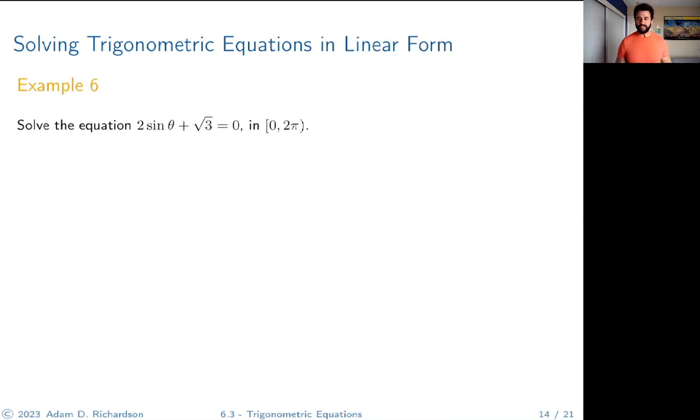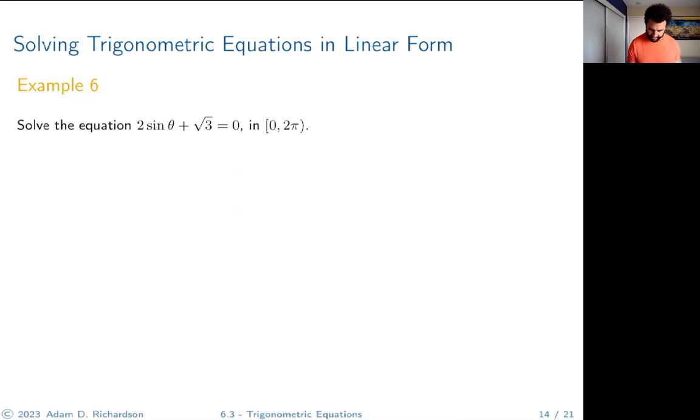Okay, so let's talk about solving trig equations that are in linear form. Linear form just means that the equation or the function you're working with is linear in a trigonometric variable.